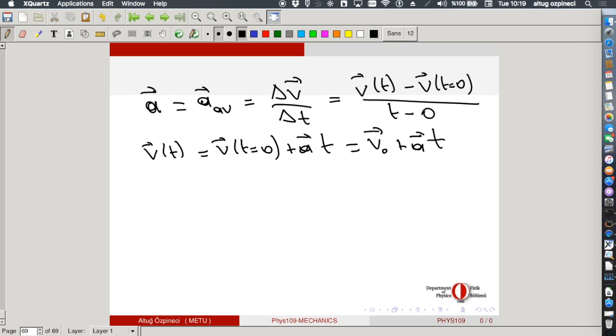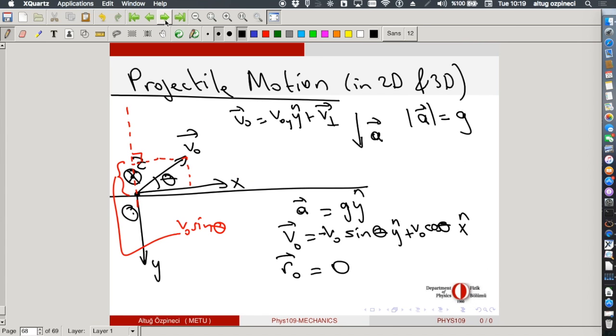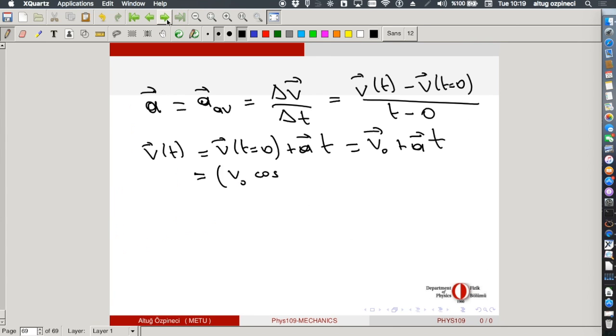Now we can write this in terms of components. We already know that v0 as a vector is v0 cosine theta in the x direction minus v0 sine theta in the y direction, plus the acceleration, which is just g in the y direction, times t.